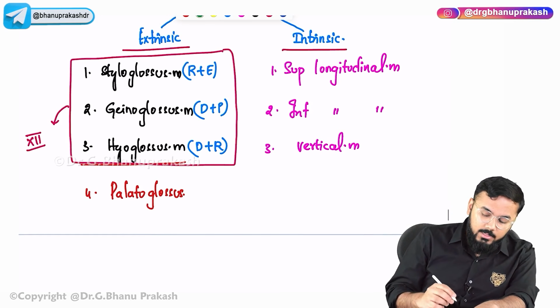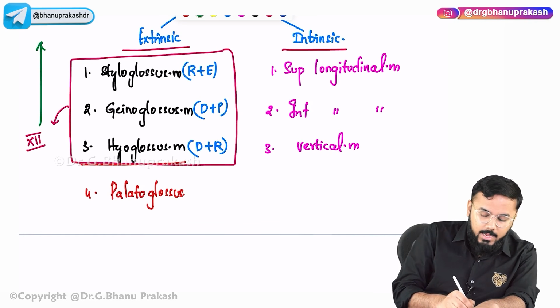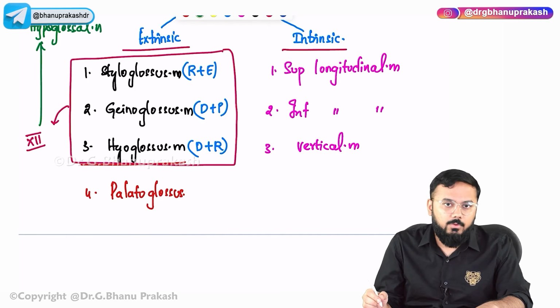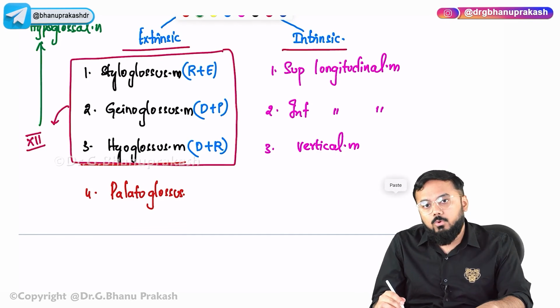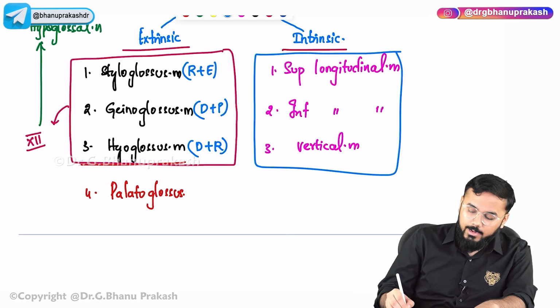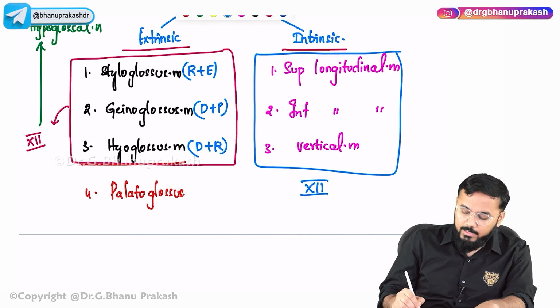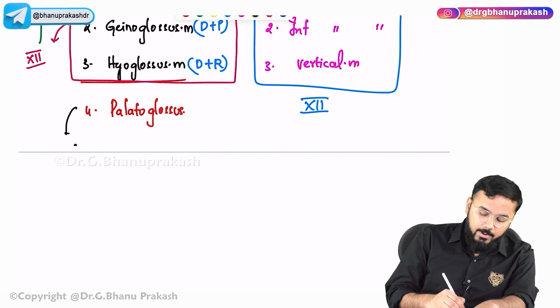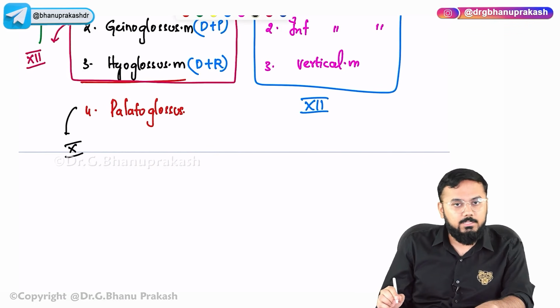Next, all intrinsic muscles are also supplied by cranial nerve number 12, that is the hypoglossal nerve. Then what is palatoglossus supplied by? It is supplied by cranial nerve number 10, that is your vagus nerve.